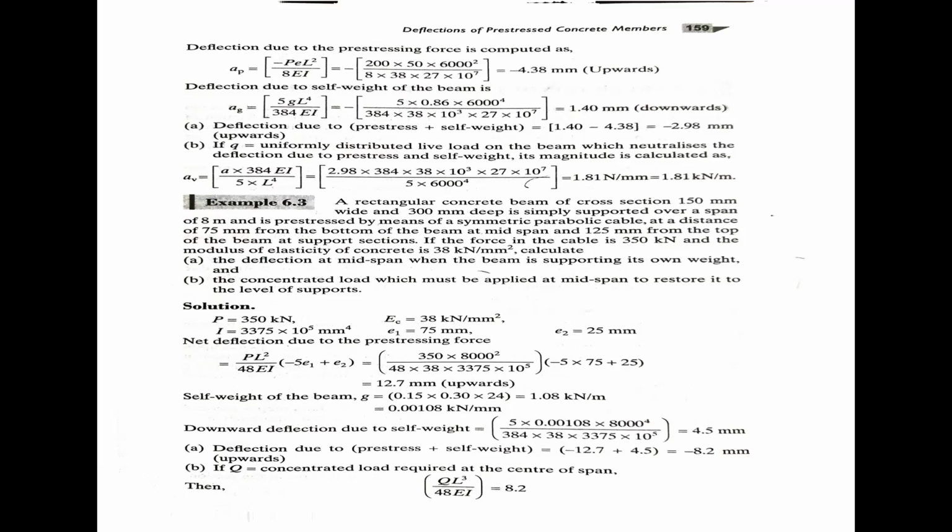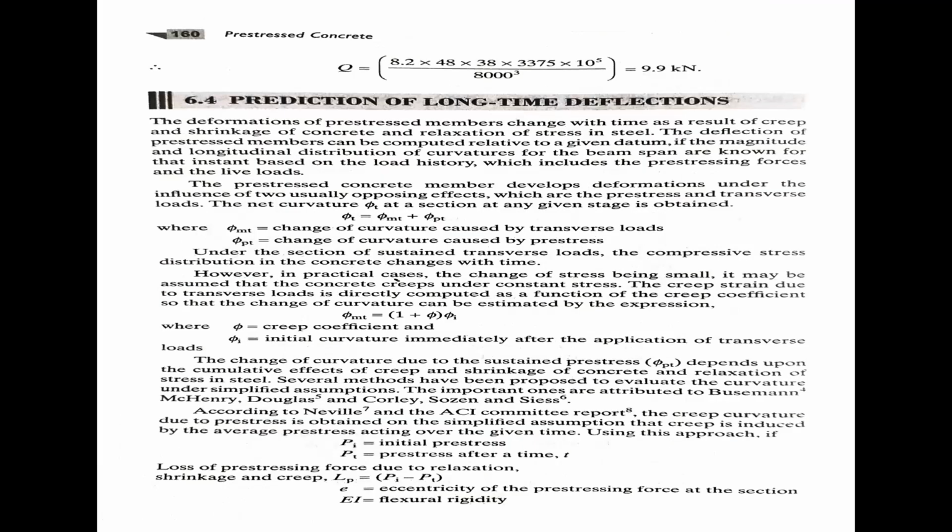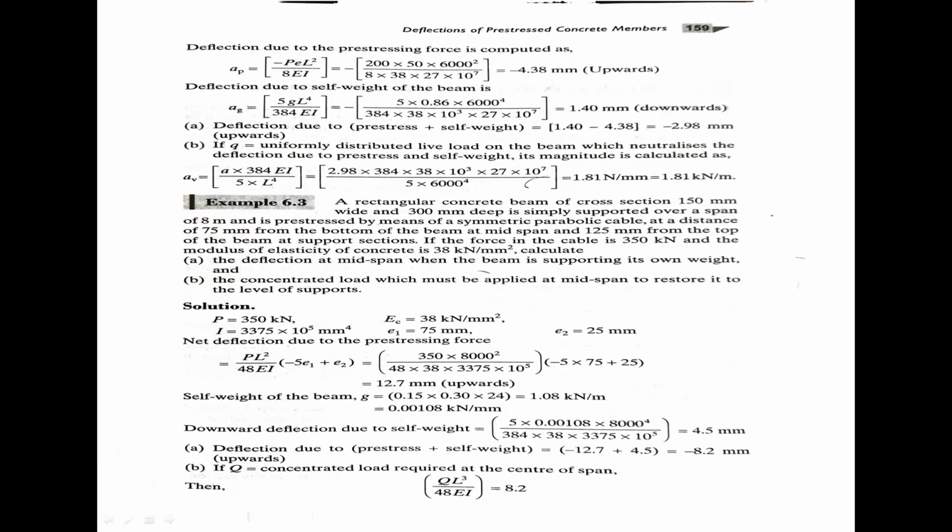And if Q equals the concentrated load, that means a point load at the center of span, then QL cube by 48EI equals 8.2. That is the deflection, the upward, you have to take 8.2. Now, this is the concentrated load acting. Deflection equals QL cube by 48EI.